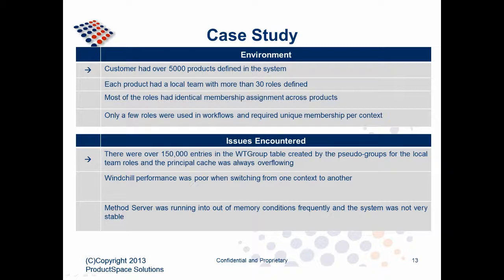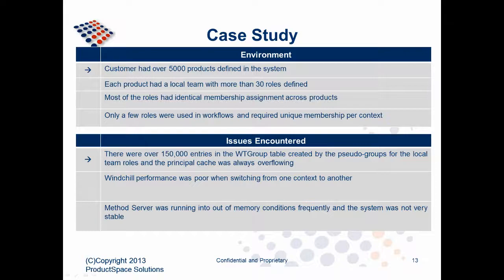Most of the roles had identical memberships, so they were all mapped using groups, and the customer was managing the memberships using groups. Only a few of the roles in the context actually needed to be specific to a particular context, because they were used in workflows for different routings and so on. So this was an ideal scenario for using a shared team structure.